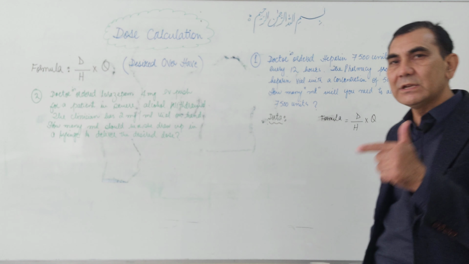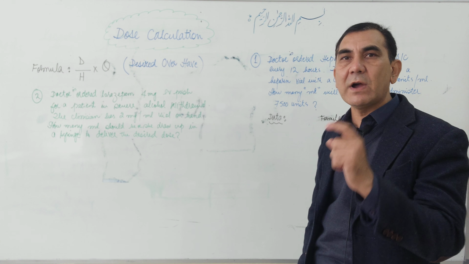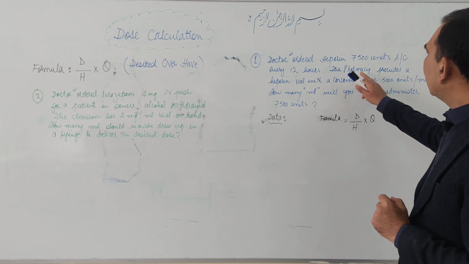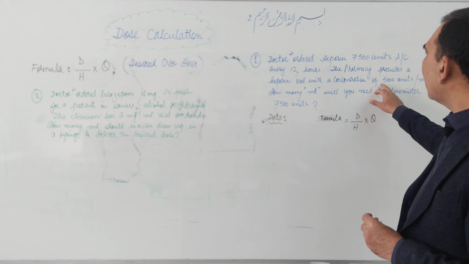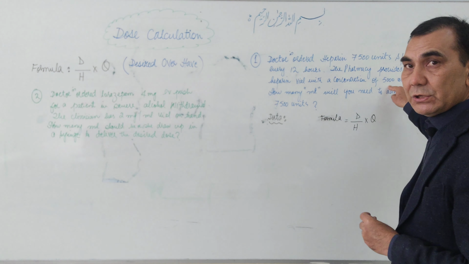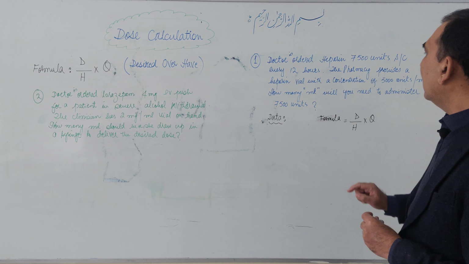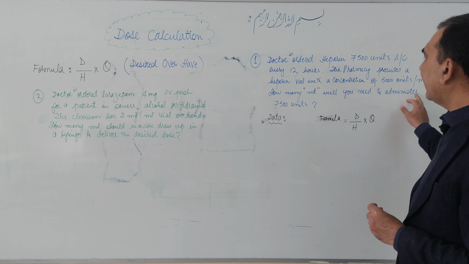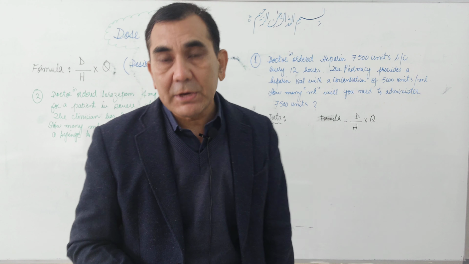It means the single dose given every 12 hours is 7,500 units. The pharmacy provides a heparin vial with a concentration of 5,000 units per ml. How many ml will you need to administer 7,500 units to the patient?